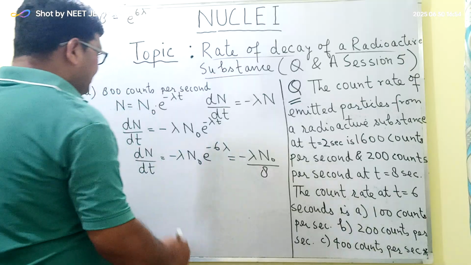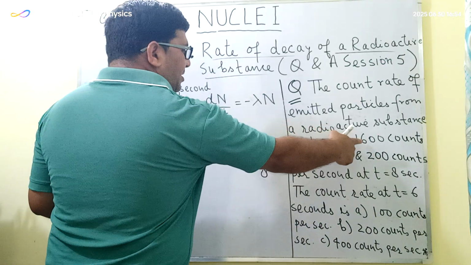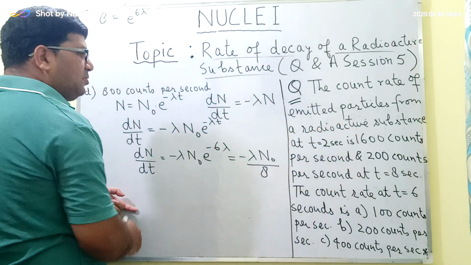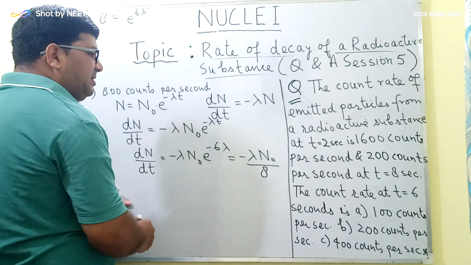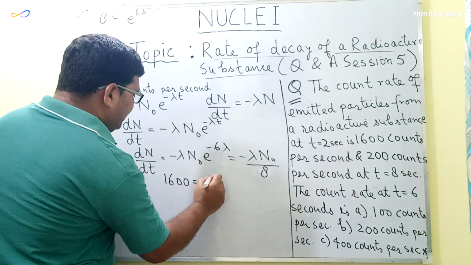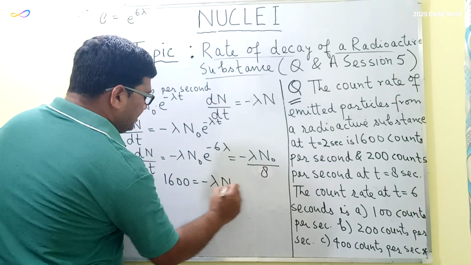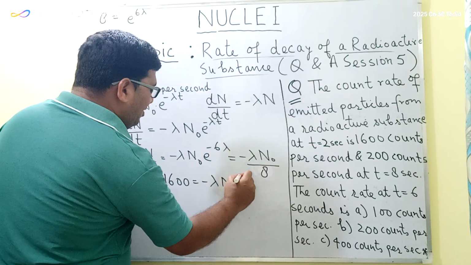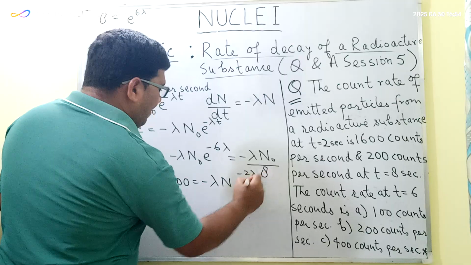From the first case, at t equal to 2 seconds, the count rate is 1600 counts per second. So 1600 is equal to minus lambda N naught multiplied by e to the power minus 2 lambda.